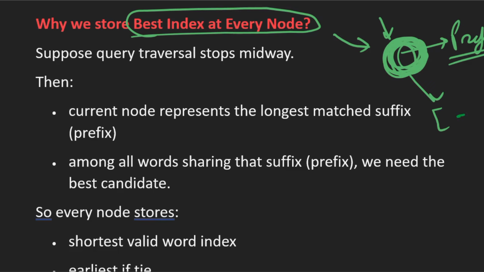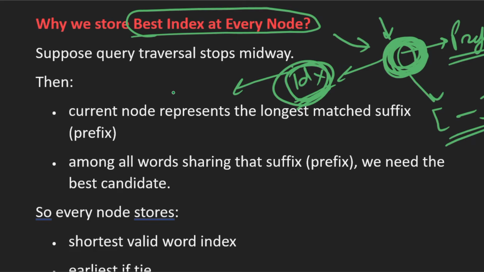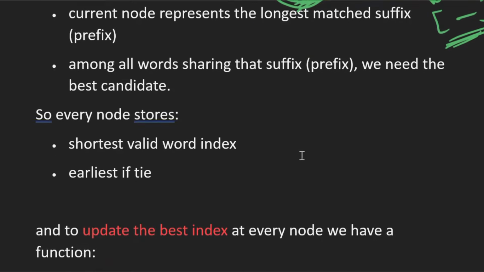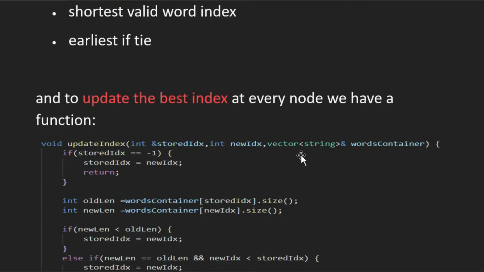Instead of going to each word and checking which is the best, we store the index. This index tells us which word is the best among all the words that share this suffix or prefix. So instead of checking all the words, we directly take this index as our answer, right? That's why we are storing the best index at every node.